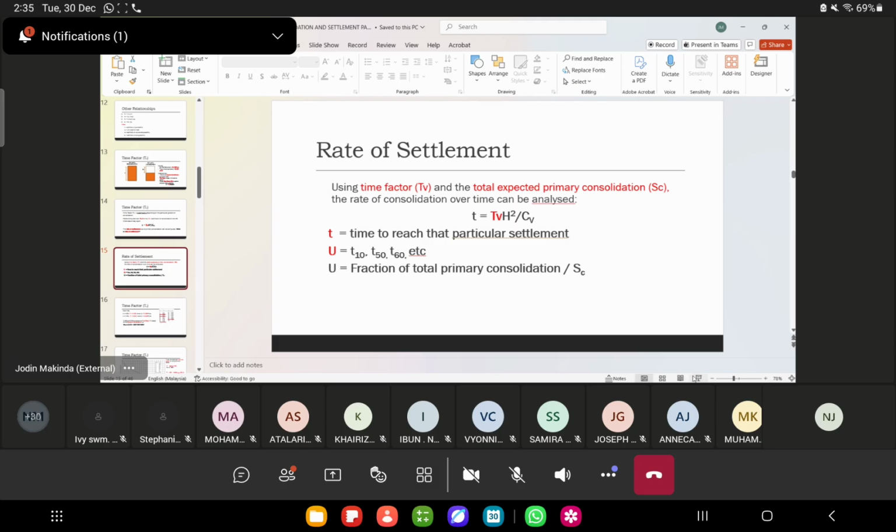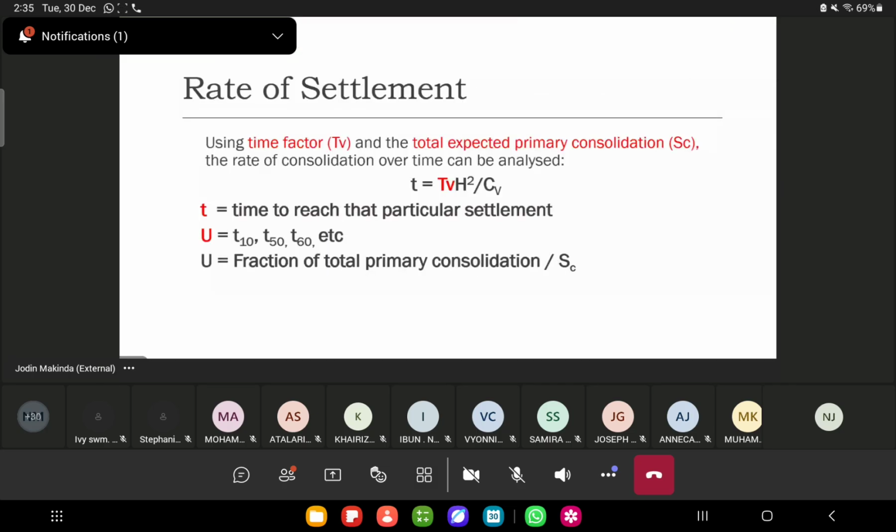All right. Now, the study where time factor is intertwined with total expected primary consolidation SC is the study related to the rate of settlement. Rate of settlement. Sebab kita link the time with the consolidation amount.